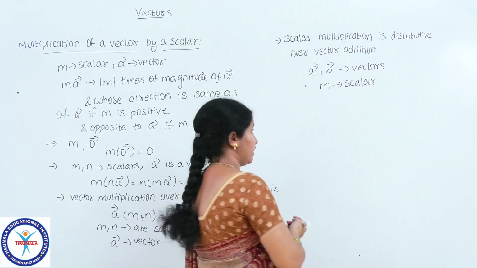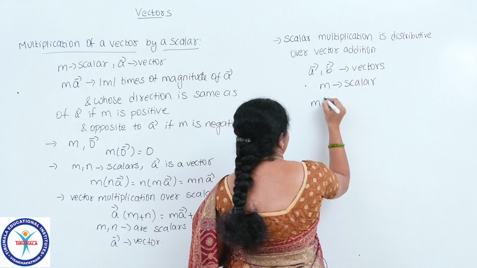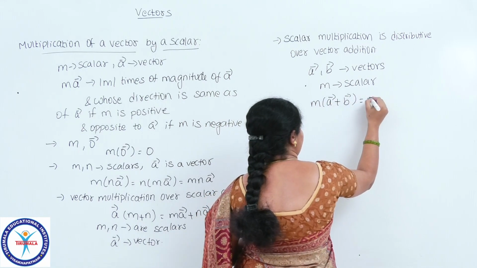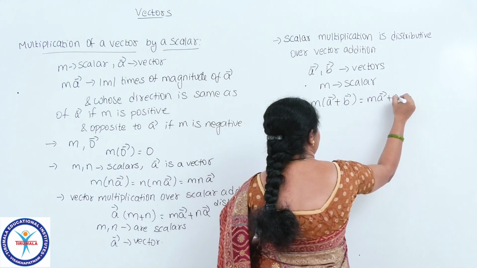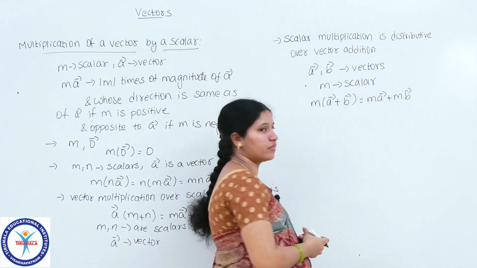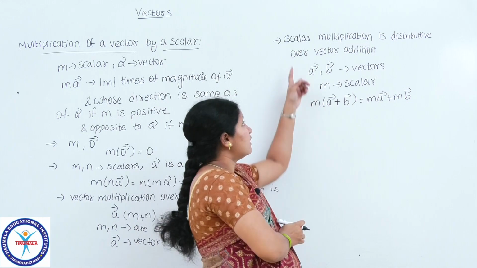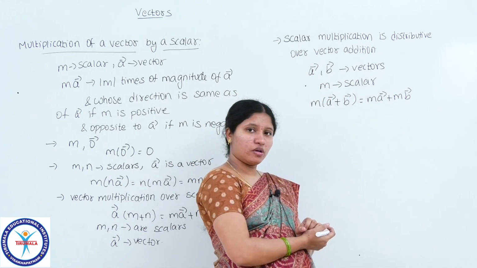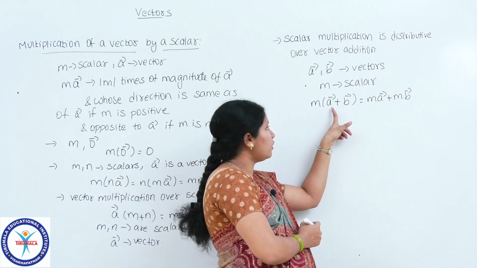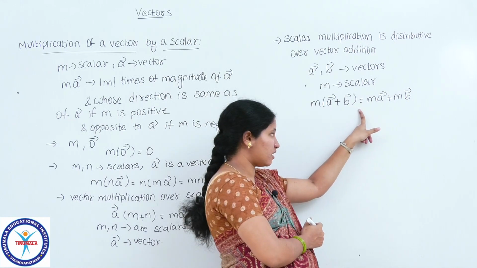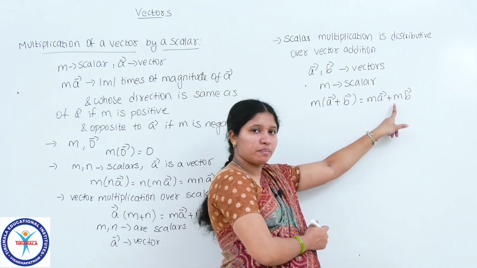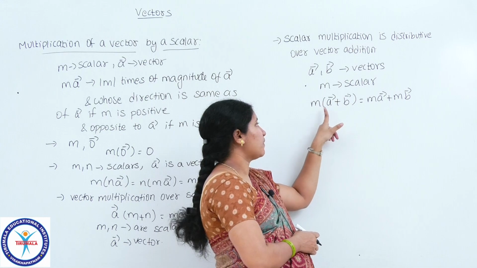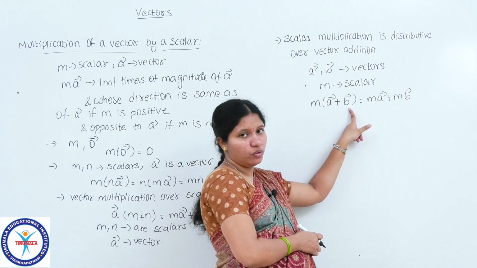How can we write it? m into a bar plus b bar is equal to m a bar plus m b bar. So we can say that scalar multiplication is distributive over vector addition, so that m into a bar plus b bar is equal to m into a bar plus m into b bar, where m is a scalar and a bar and b bar are two vectors.